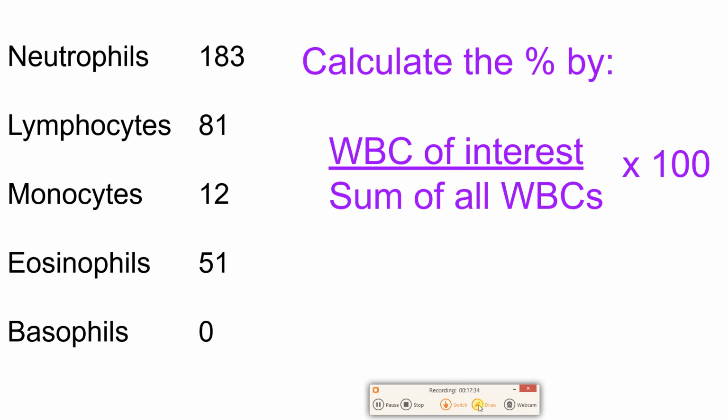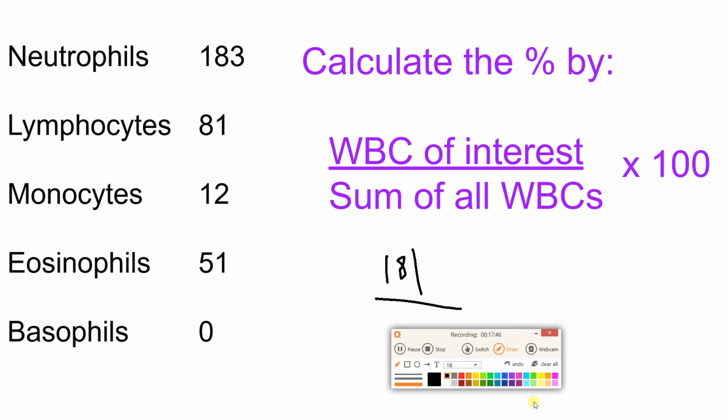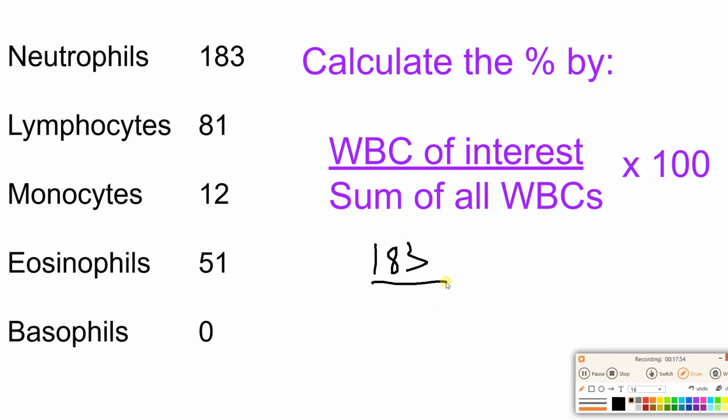I got 183. So I take 183, and then I would divide that by the sum of all of them. Let's add everything up.